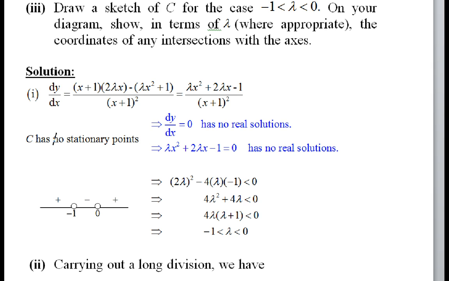Now, what does it mean for a quadratic equation in x to have no real solutions? Very good. B squared minus 4AC. So B squared minus 4AC less than 0. So this just means that if you want to copy, it would just mean discriminant less than 0.